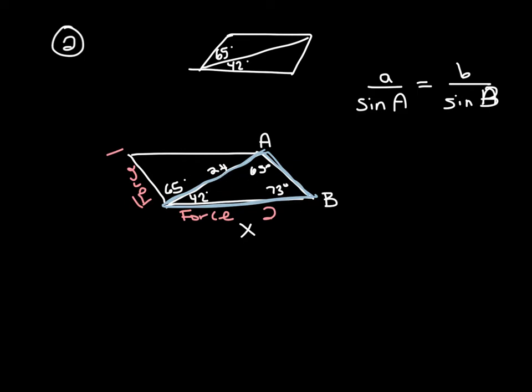And we'll just make this C. So now when we plug in our numbers, we're going to have a over sine of A, so x over sine of 65, equals b over sine of B, so equals 24 over sine of the angle across from it.